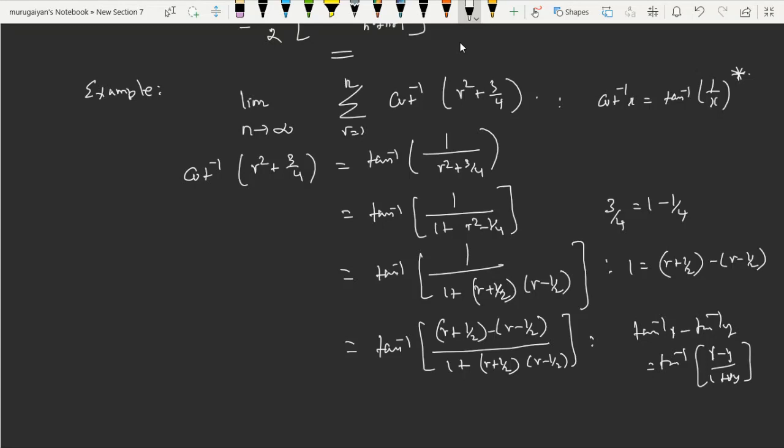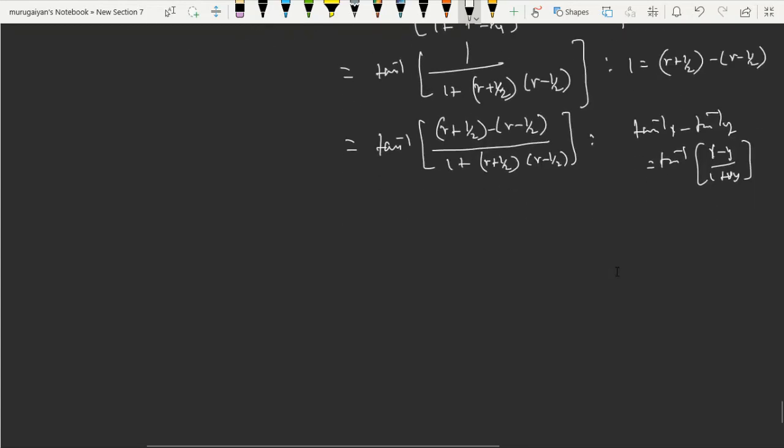Using this formula or identity, the term can be separated further: tan inverse of r plus 1 by 2 minus tan inverse of r minus 1 by 2. So this is nothing but cot inverse of r square plus 3 by 4.